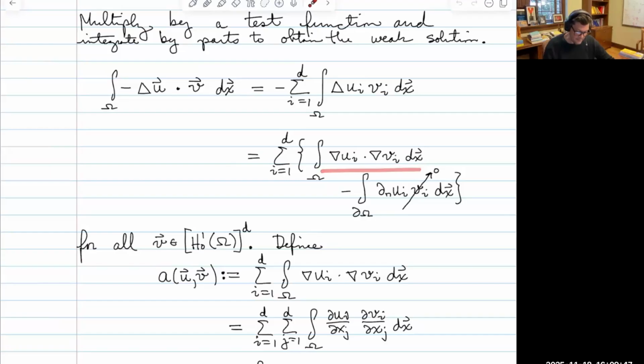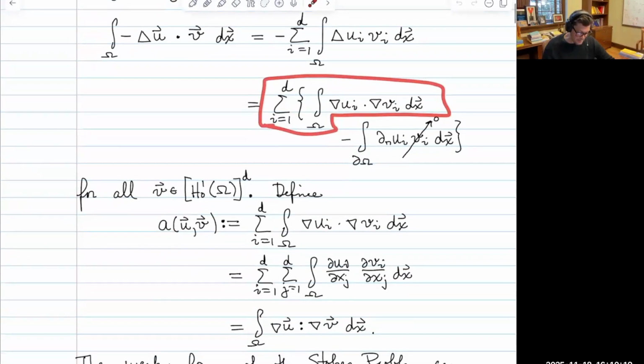And so we have this integral plus a boundary integral, or minus a boundary integral, technically. The boundary integral vanishes identically because the functions from our test space, v, have the property that each one of their components is 0 on the boundary. So that for each i, this is equal to 0. So that's why that goes away. And then all we're left with is this term.